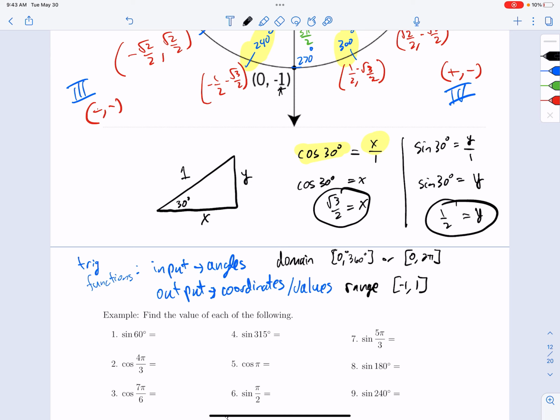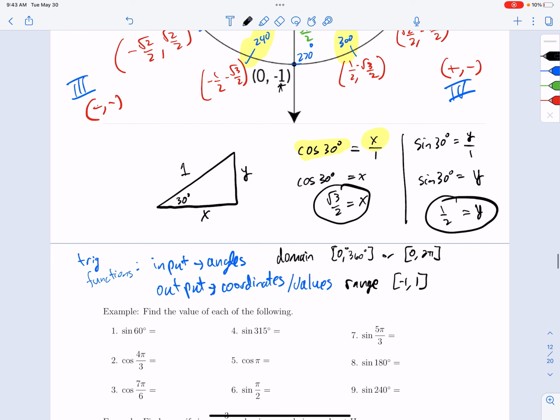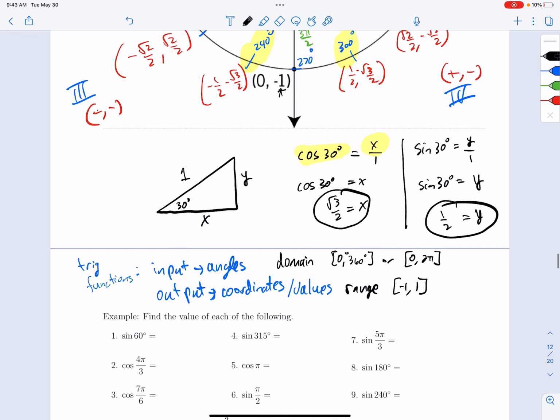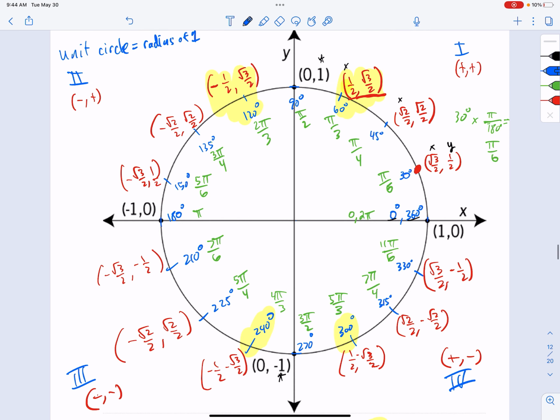All right, so now let's answer some of these unit circle type questions. I'm going to be scrolling up and down here. This first one, number 1, sine of 60 degrees. That means, what is the y coordinate at 60 degrees?